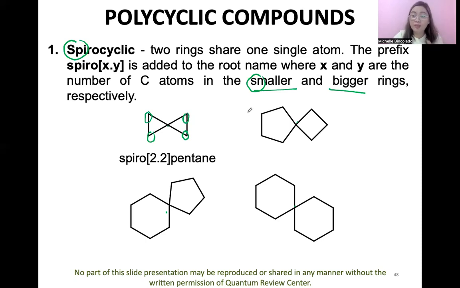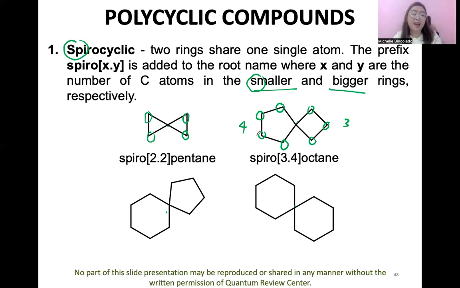So smaller muna, spiro, smaller, SS, para di kayo malito. So 1, 2, 3. So there are 3 carbons sa smaller ring. 1, 2, 3, 4. There are 4 carbons naman sa bigger ring. So 3.4. Ano pong parent niyan? So it has 8 carbons.